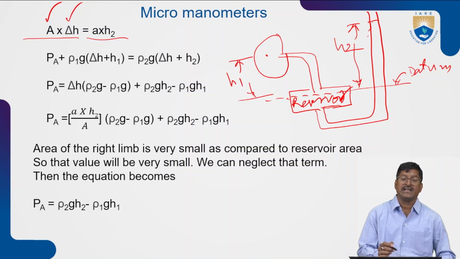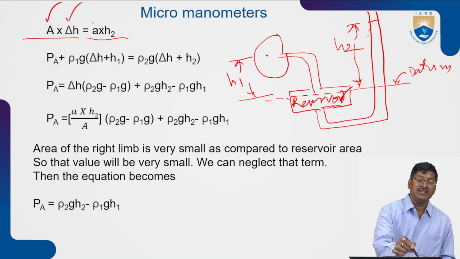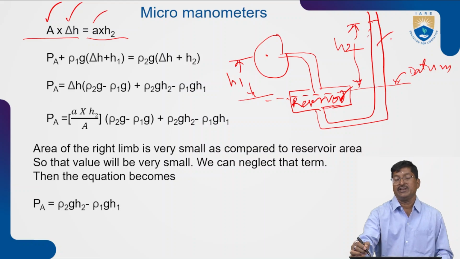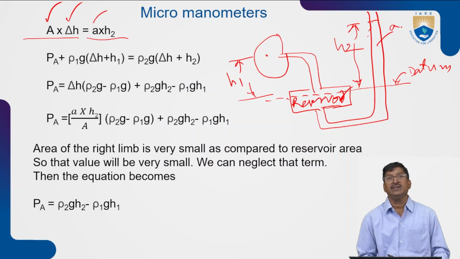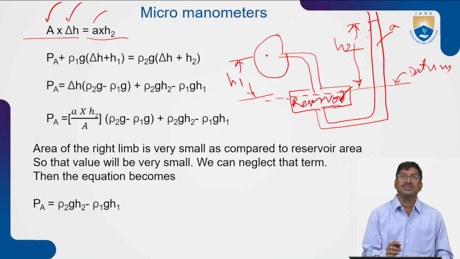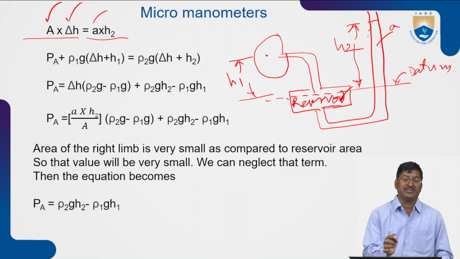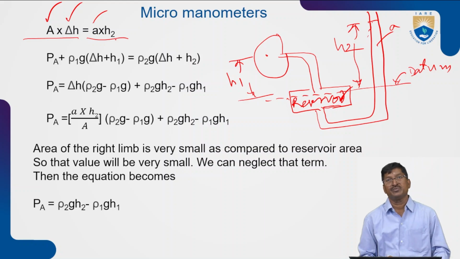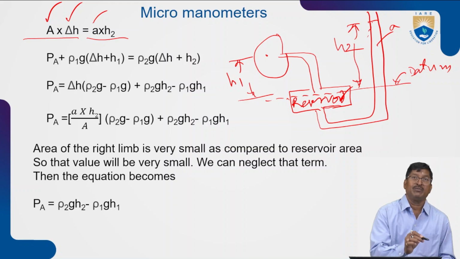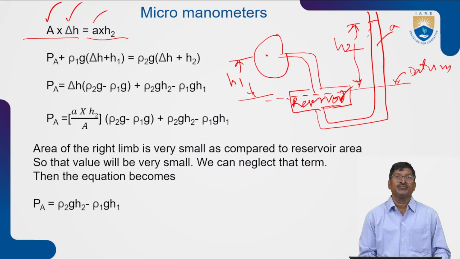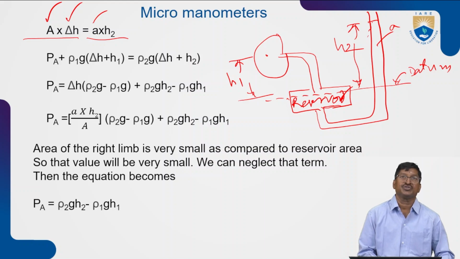Similarly, in the right limb, small a is the area of the right limb, and H2 is the height of manometric fluid displaced. Both these volumes must be equal. So capital A delta H is equal to small a H2.